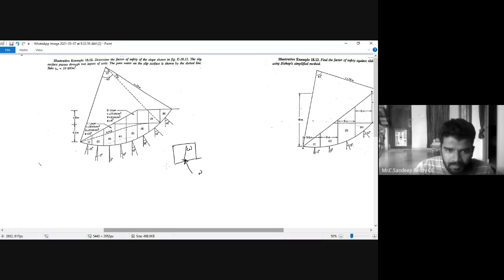The bottom portion of each slice is the failure surface.